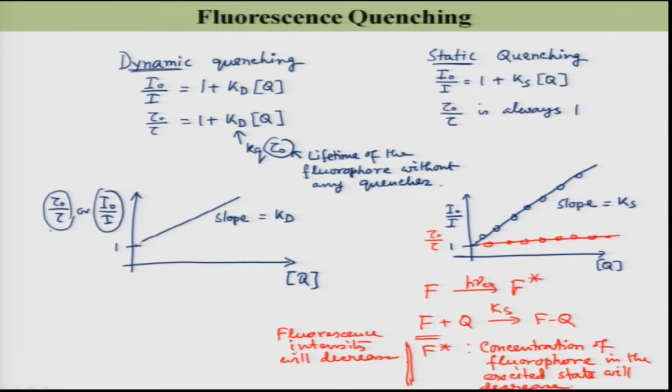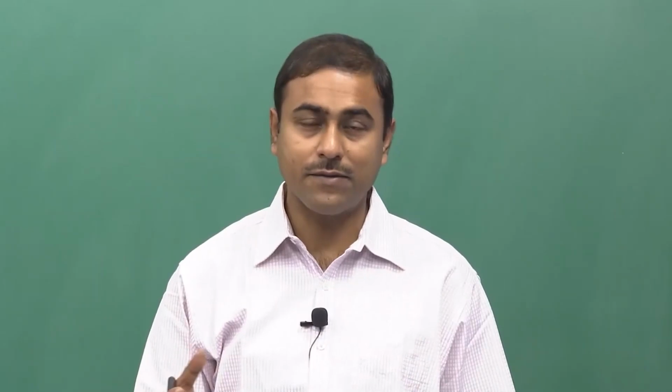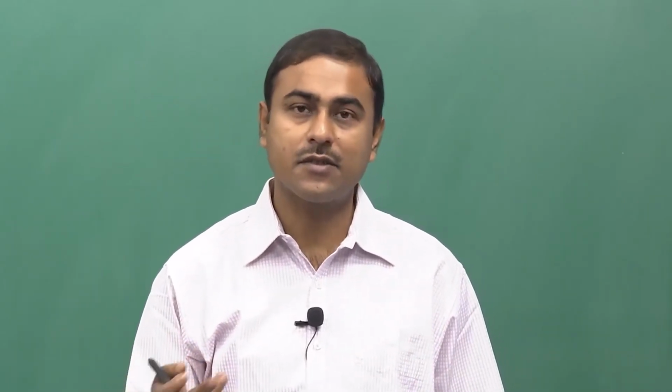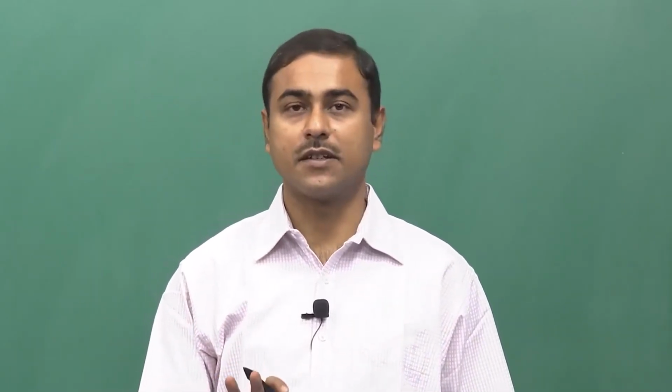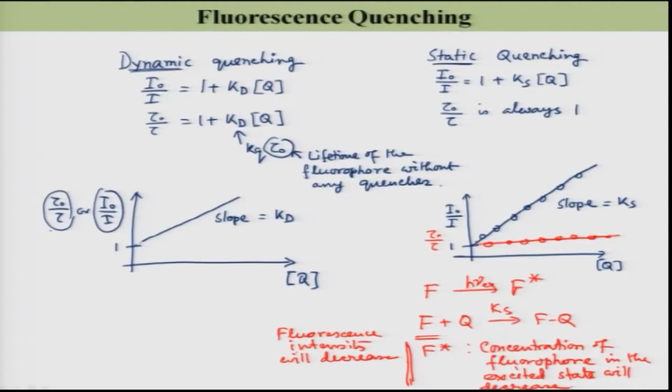As I increase the concentration of quencher, more and more F molecules form complexes with Q, so the availability of F for excitation will be less. That means the number of fluorophores in the excited state will decrease and my fluorescence intensity will decrease. This is what we have discussed.